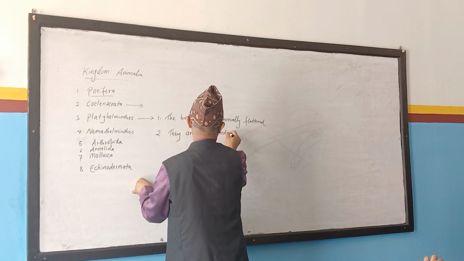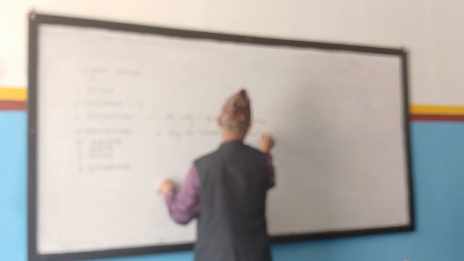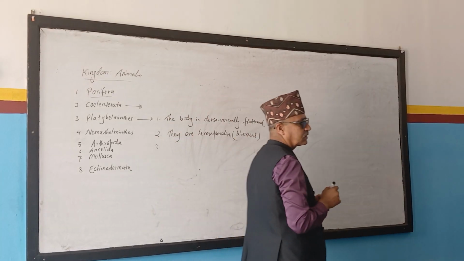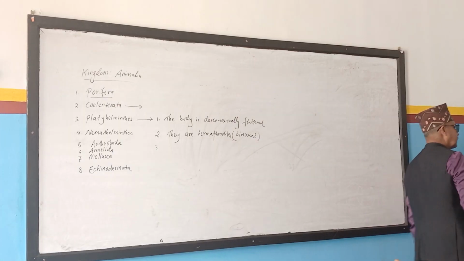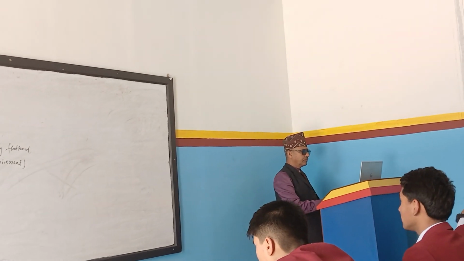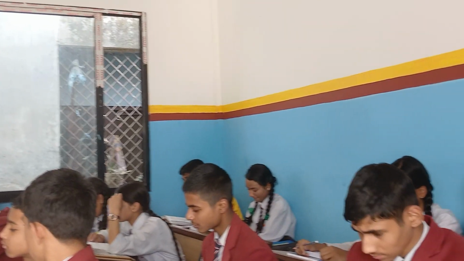Or we can say bisexual. Children, next important characteristic you find out. What are the next important characteristics of Platyhelminthes? They reproduce essentially by fission and regeneration.